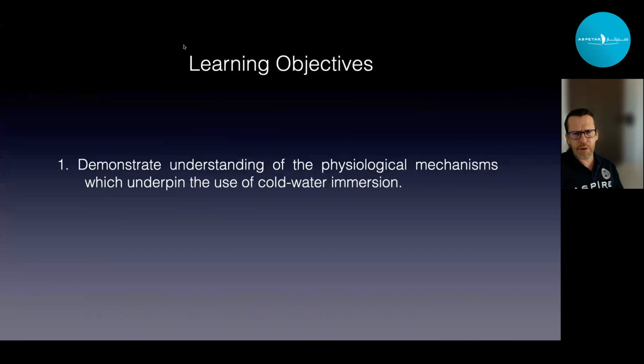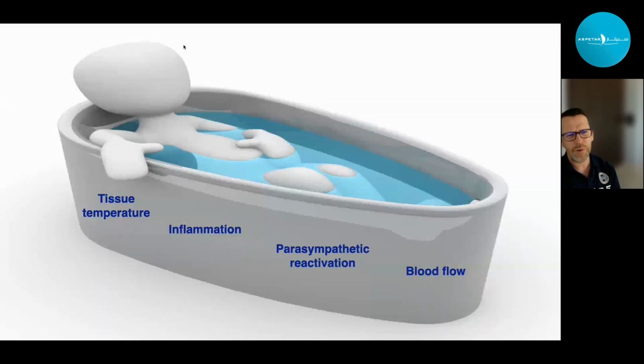So before we can go any further, to think about what we might do with cold water immersion, we need to understand a little bit what goes on below the surface. And typically, if we look at some of the mechanisms that are involved in cryotherapy, then often, certainly in the performance landscape in recovery, there are 4 key areas.